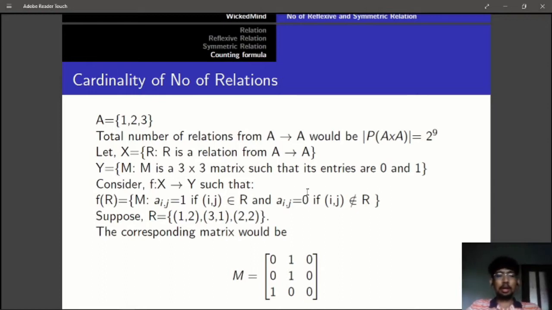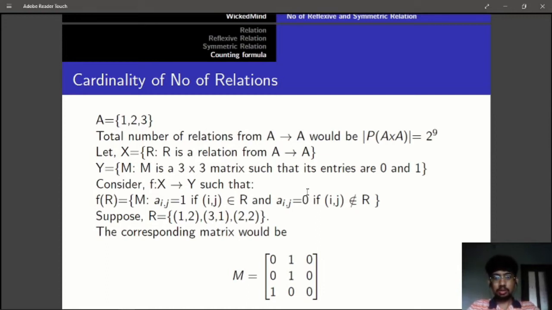So suppose I have considered a function f from X to Y such that f of R, because R will be an element of X, so f of R equals M, an element of Y, such that a_ij equals 1 if (i, j) belongs to R, and a_ij equals 0 if (i, j) does not belong to R.